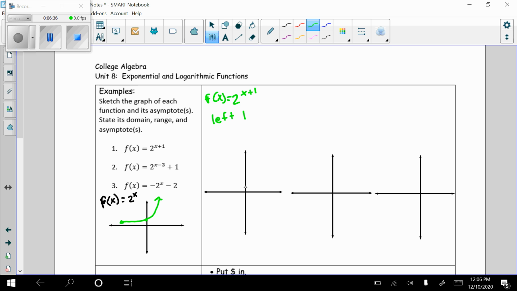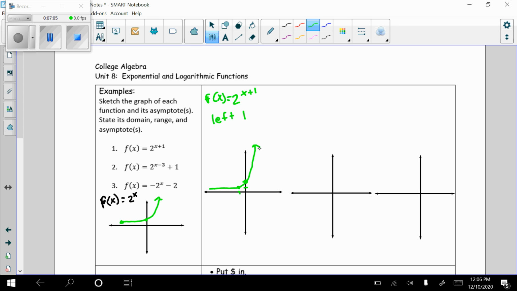And so instead of crossing at (0, 1), it's going to actually cross at (0, 2). Right? And then that (1, 0), excuse me, that we had as the y-intercept will be shifted over 1. So we get this graph here.